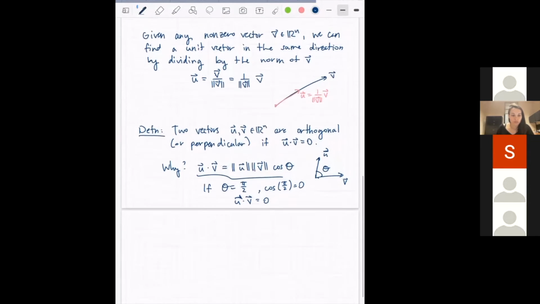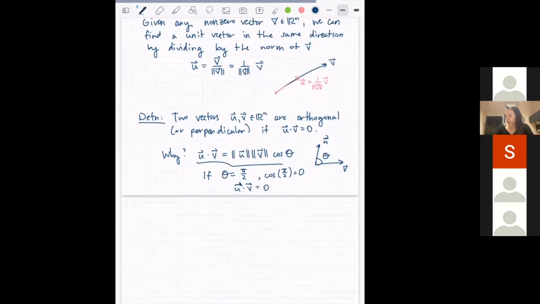So this gives a motivation for this definition, which is going to work in higher dimensions than just R2, right?